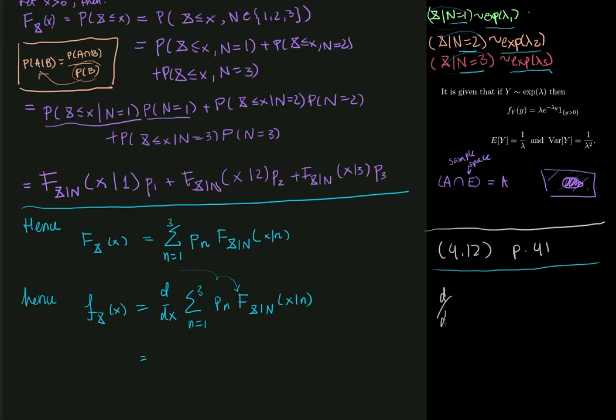Let's write that out for good measure: the derivative of the conditional distribution function of x given n equal to some value n is equal to the conditional density of x given that n is equal to some value n. Hence the unconditional density is just the weighted average of the conditional densities.